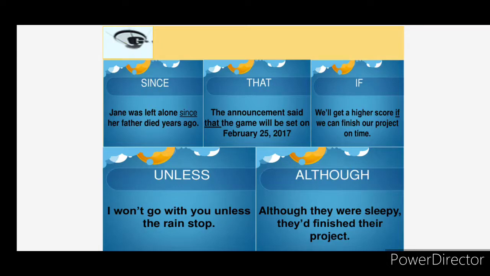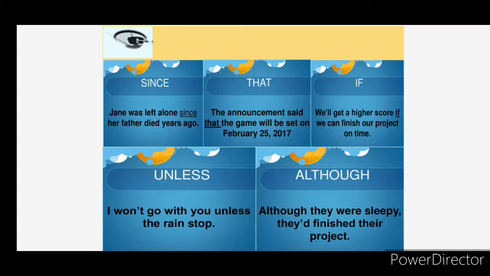Jane was left alone is an independent clause. Since her father died years ago is a dependent clause. Then we have that. The announcement said that the game will be set on February 25, 2017.